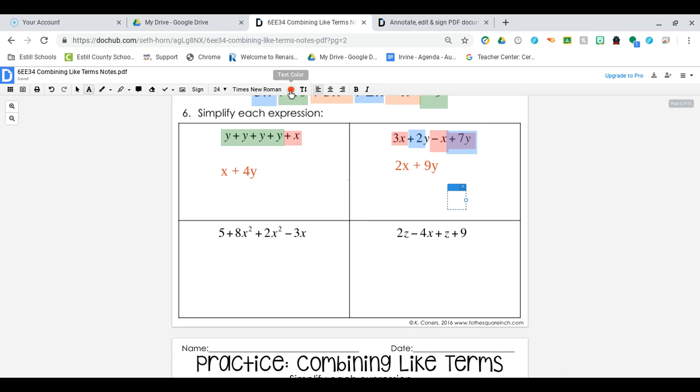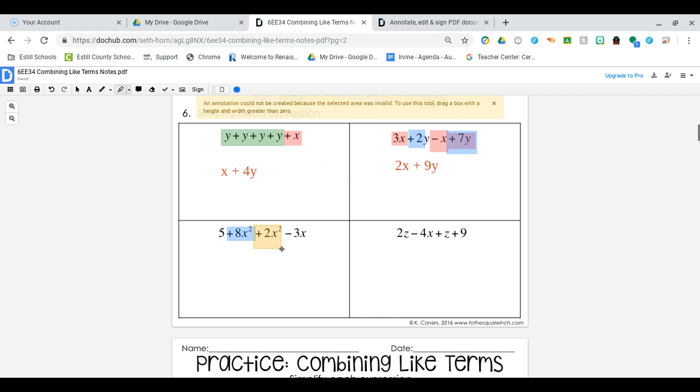The next one, however, we have the same variable throughout, but just like in our example for number 5, we have the same variable raised to different powers. So we have an 8x squared plus a 2x squared. Then we have a minus 3x, and we have just a positive 5 sitting out here by itself with no operation symbol.